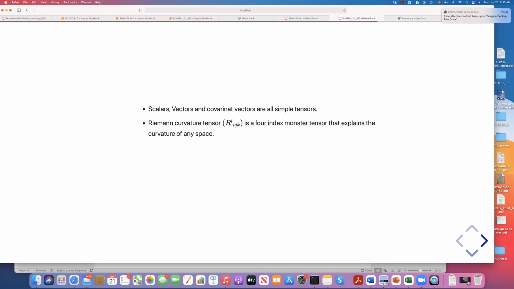Other than that, we will use the Riemann curvature tensor, which we usually call a 4-index monster tensor, which means it is a rank 4 tensor that has a large number of components. And this tensor is used to explain the curvature of any space, right?